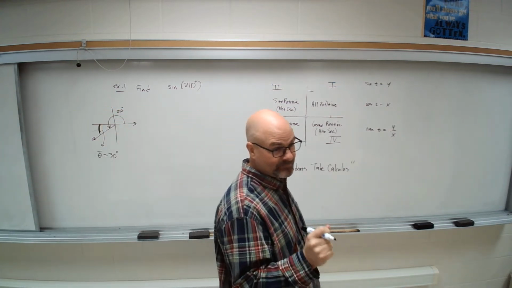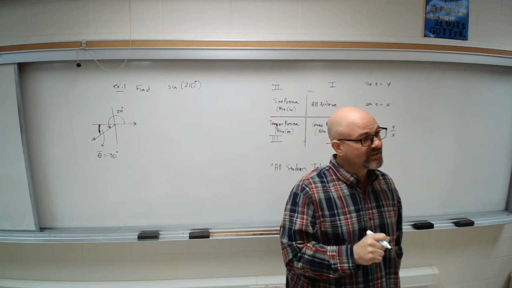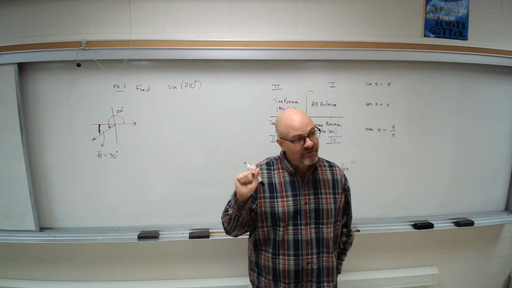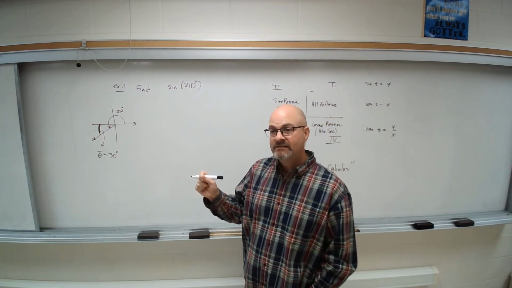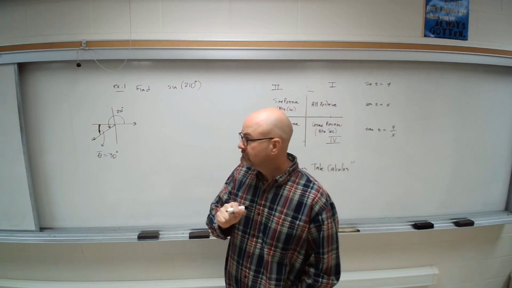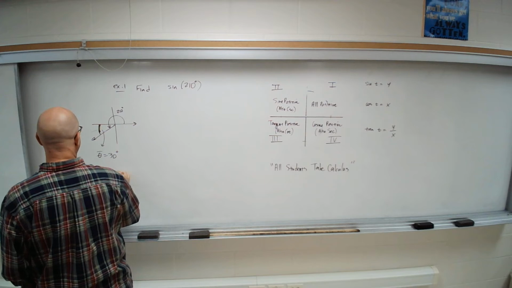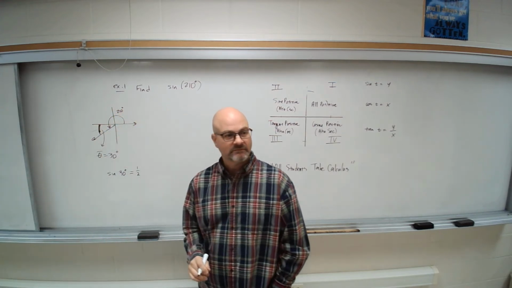Once I know that, I know the number my answer is going to be. The only question left is whether it's going to be positive or negative. Because I know from my table of values that I've memorized that the sine of 30 degrees is 1/2.